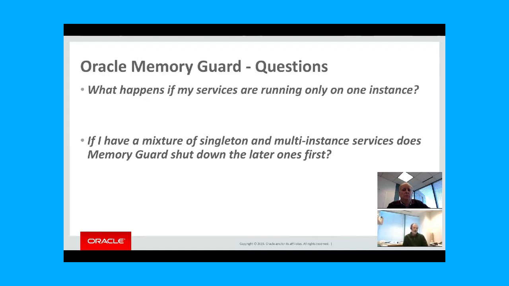So no, it won't shut down singletons versus multi-instance services in any particular order. But you had mentioned that it will let the last instance of a service be preserved. That's true. In the case of a multi-instance service, it will do that. In the case of singleton, the configuration is actually a little different, and those can experience outages of the service.